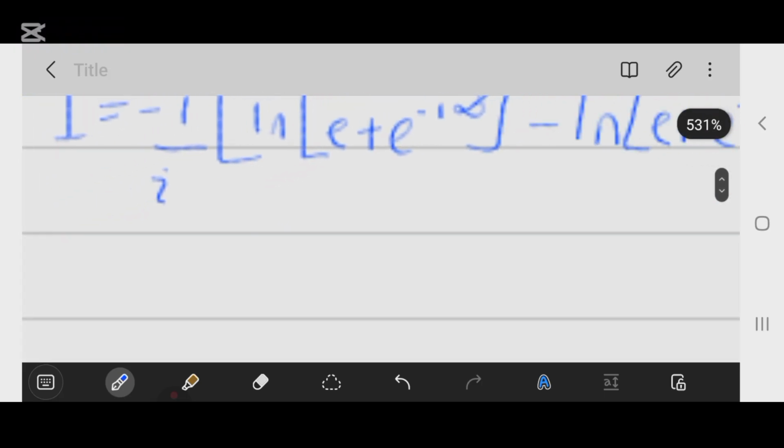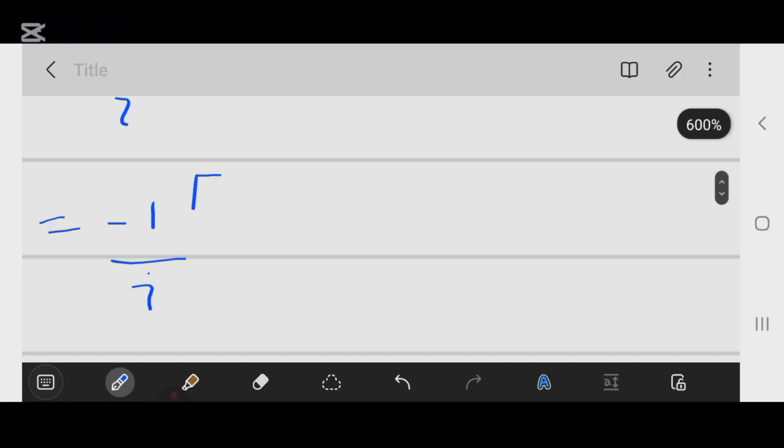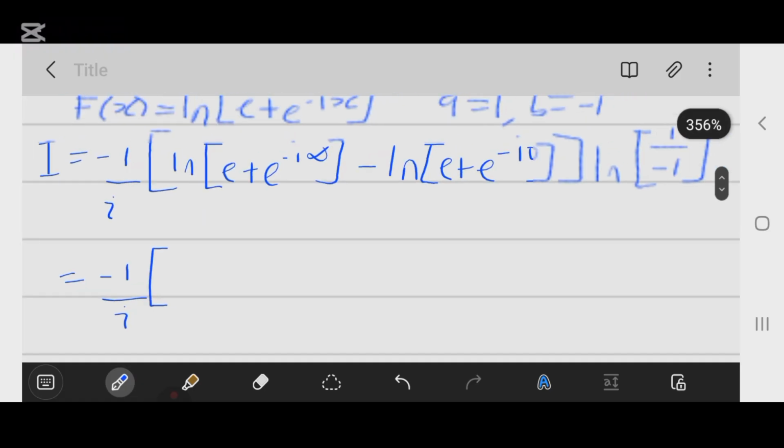Let's proceed. e to the power of negative i infinity is 0.